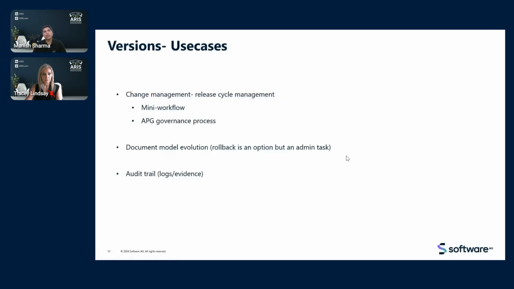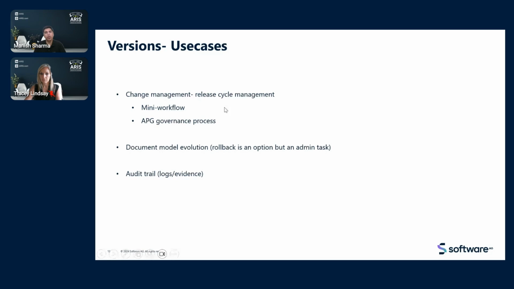So use cases of versions. So when do you create a version? So having gone through all of this, the idea is that you want to create a snapshot of how the model looked at a particular time, and that is usually done when you're managing change. So if you want to record changes, either as a governance workflow or as part of a Connect Mini workflow, a version is created in either of them.